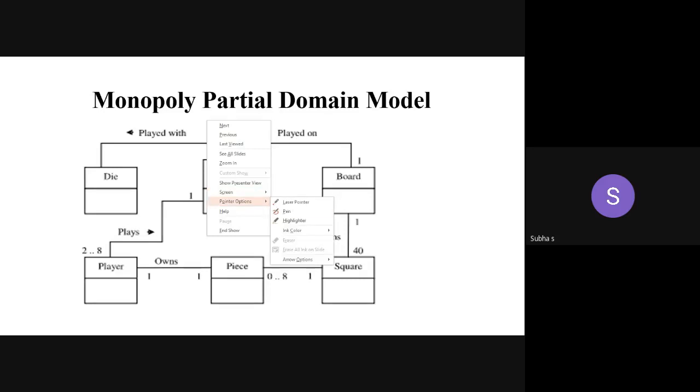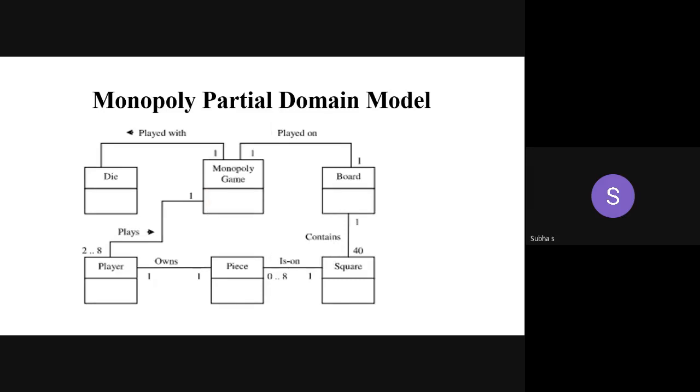Similarly, the piece is on the square, so you have to put this filled arrow mark, this filled triangle, that's all. Here it is mentioned clearly. You have to mention it wherever applicable, wherever needed, or else you may make it in a reverse way, and that won't make sense.